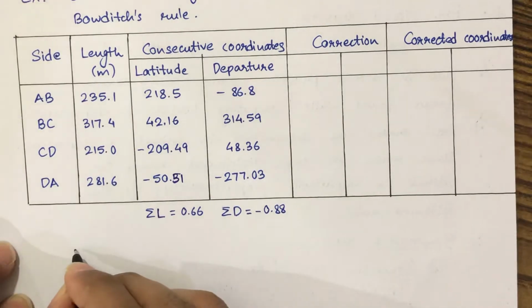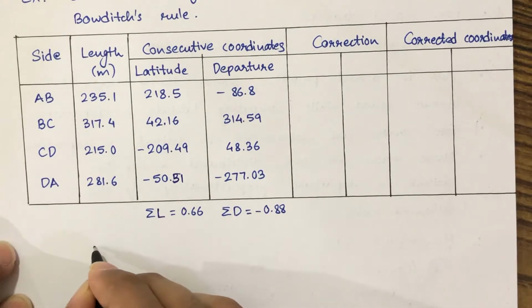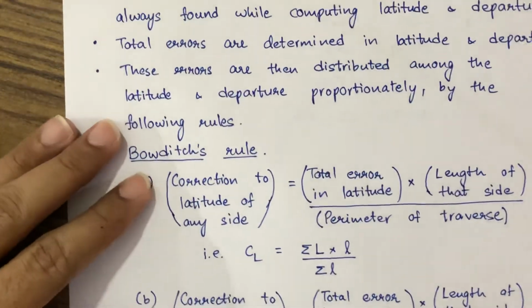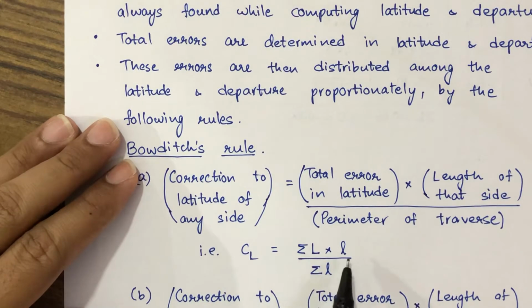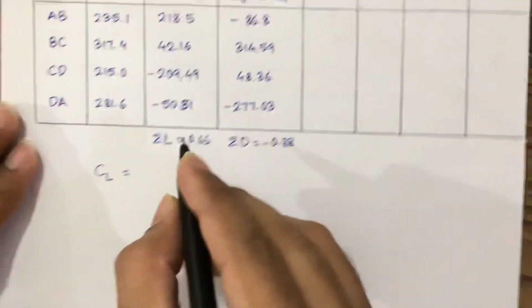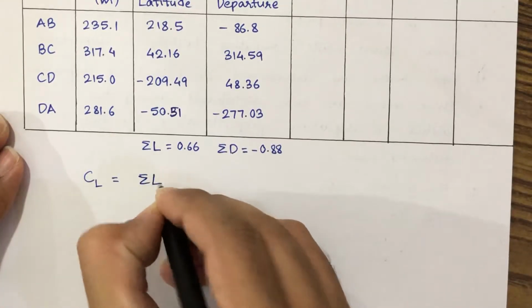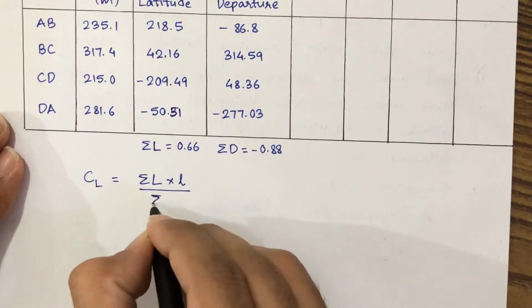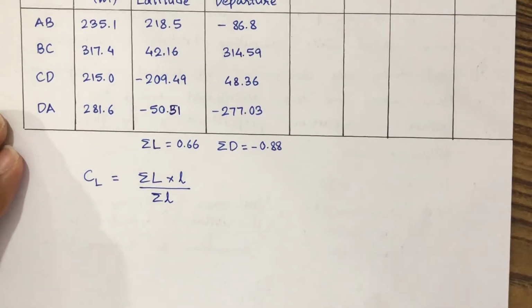And according to the Bowditch rule, correction to latitude is given by CL is equal to summation capital L into small l upon summation of small l.